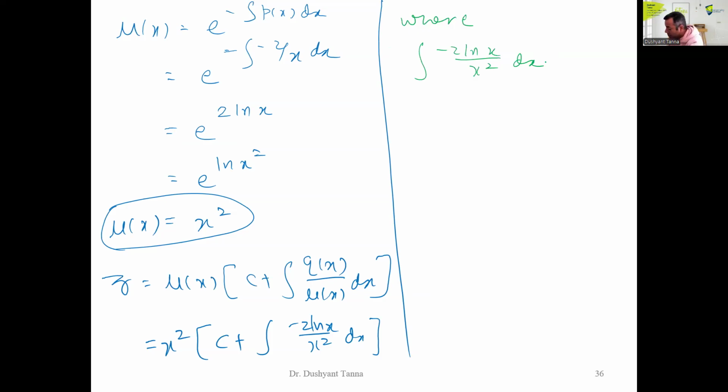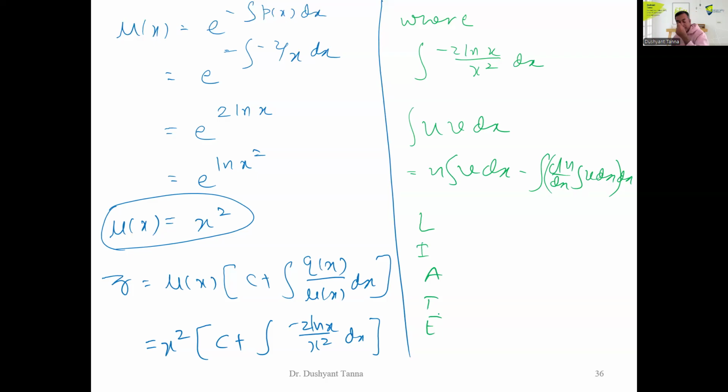So what we will do, integration UV dx. Various books have different approaches. I will follow this always: integration of u v dx is u times integration of v dx minus the integration of du by dx times integration of v dx, whole dx. We will follow LIATE. Which one of these will be u and which will be v? L is for logarithmic function, that's your priority number one.